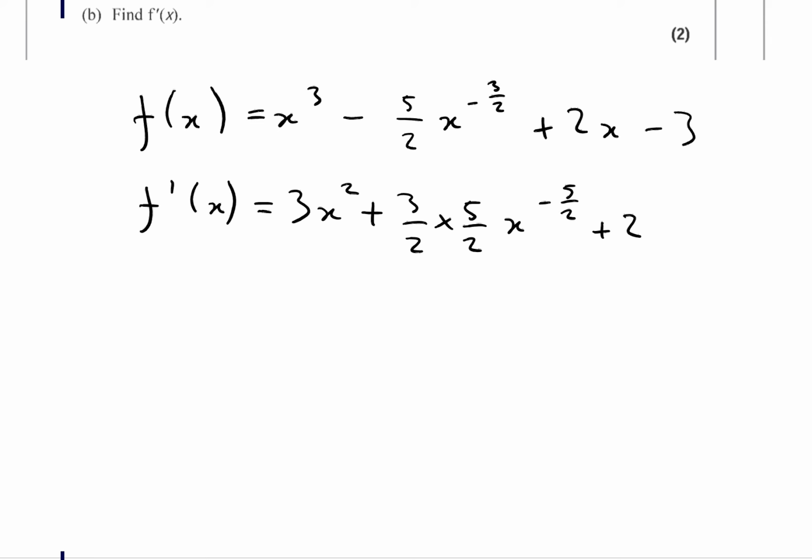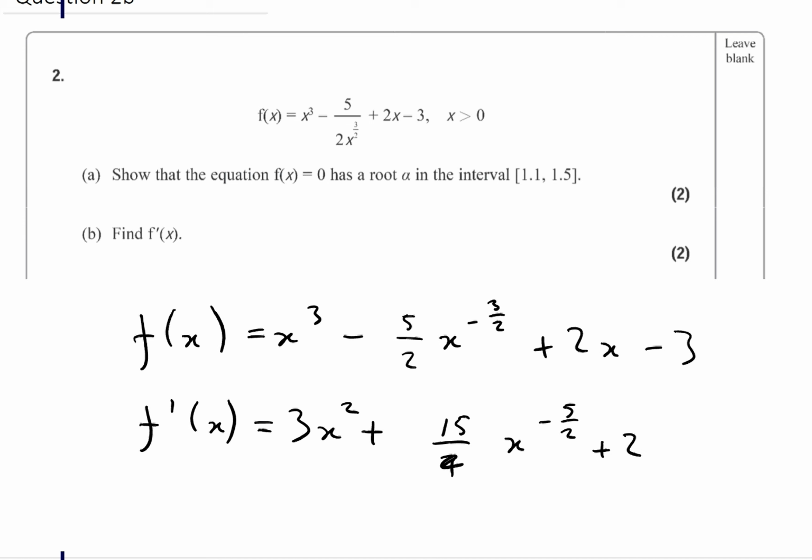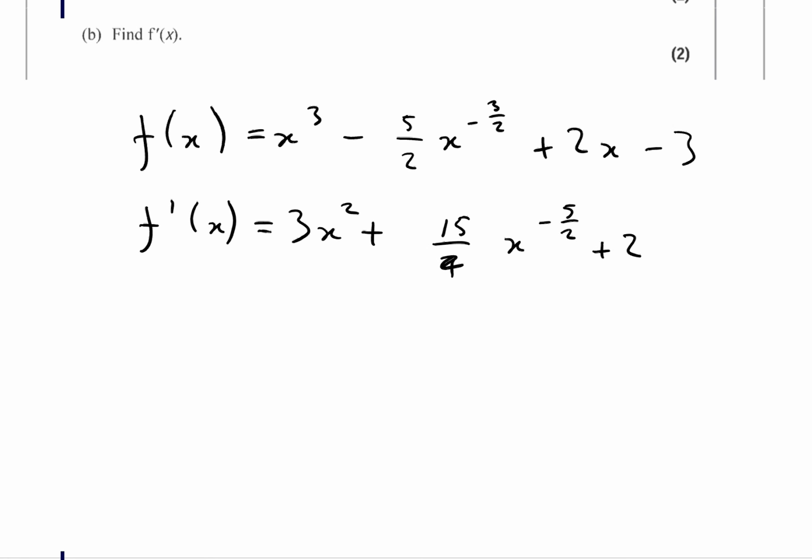Now, let's look at this bit in the middle. It's 3 over 2 times 5 over 2. When you multiply fractions, multiply the tops together, multiply the bottoms together, so it becomes 15 over 4. Now, general rule of thumb, leave it in whatever form you've been given it in. If you look in the question, there are no negative powers. The negative powers have been expressed as 1 over x to the power 3 over 2. So always express it in the form you've been given.